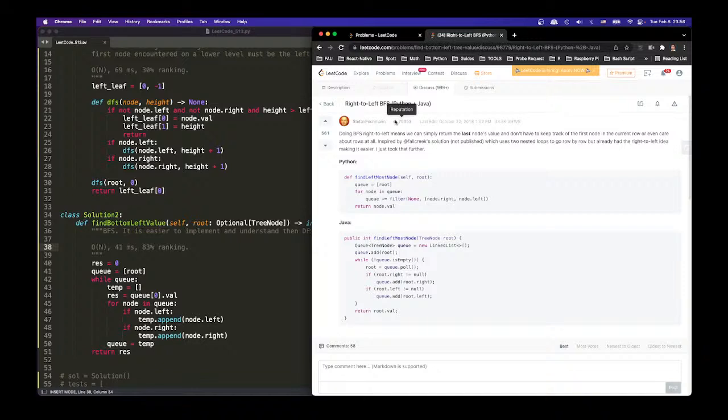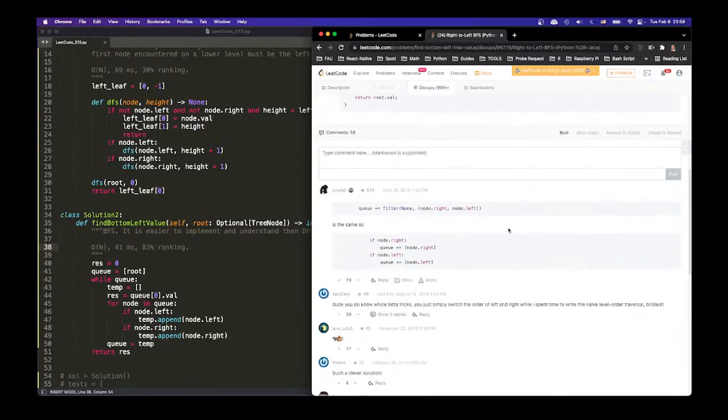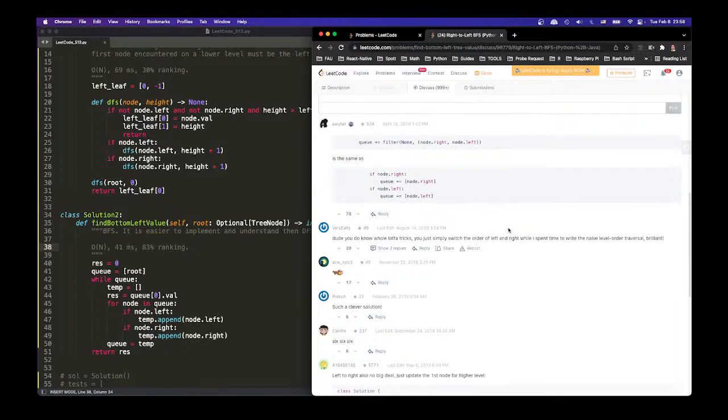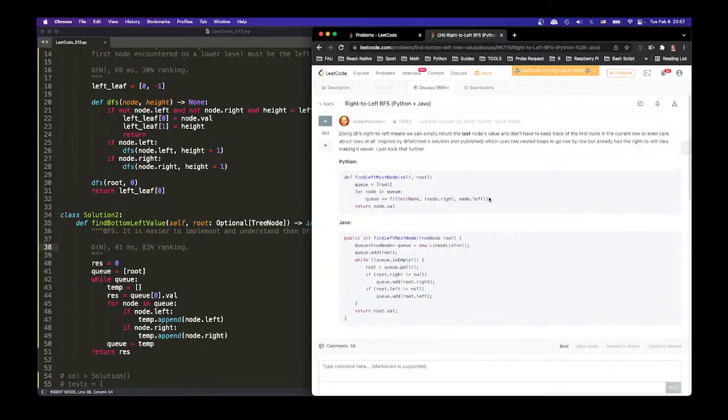Oh, it's going right to left. Oh yeah, pretty smart. Yep. So we don't have to do this, right? But overall, it's the same thing. The same few lines.